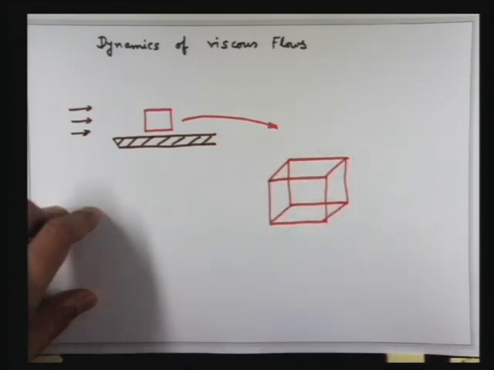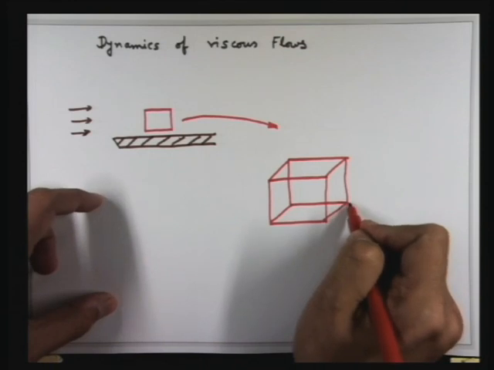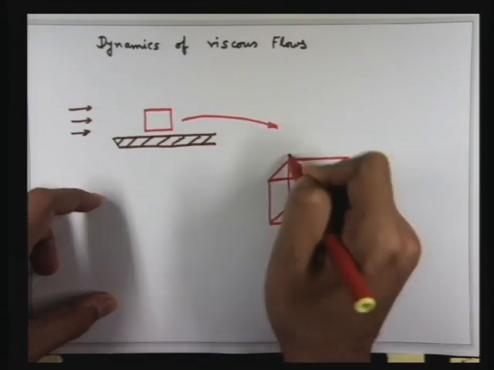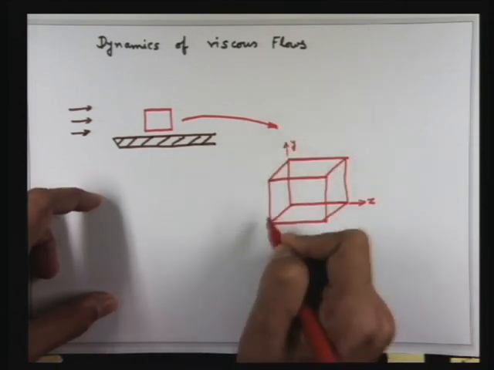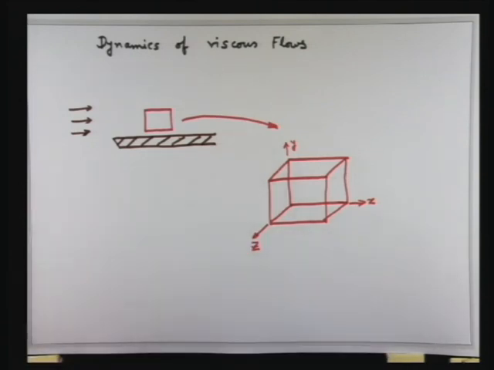Let us consider a three-dimensional picture for completeness, and let us say that this is the x direction, this is the y direction, this is the z direction. For convenience in writing big equations, one may use the index notation, which we will use here.